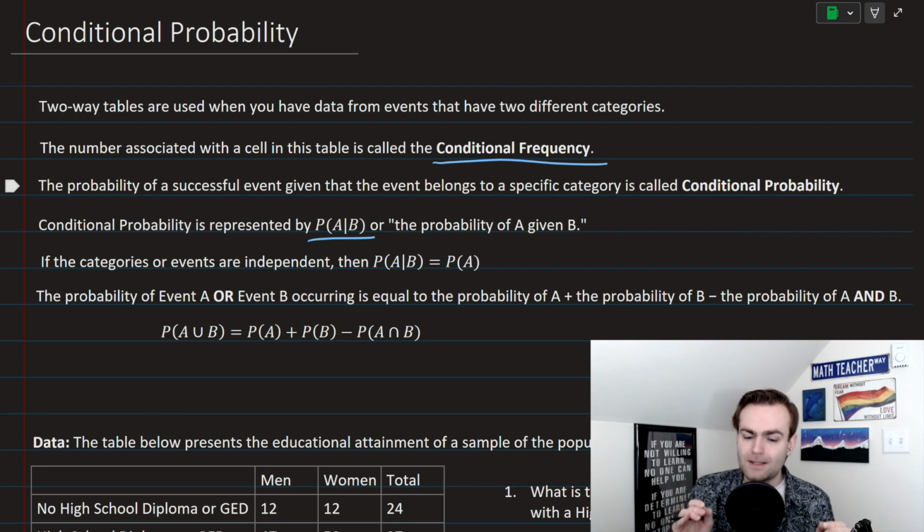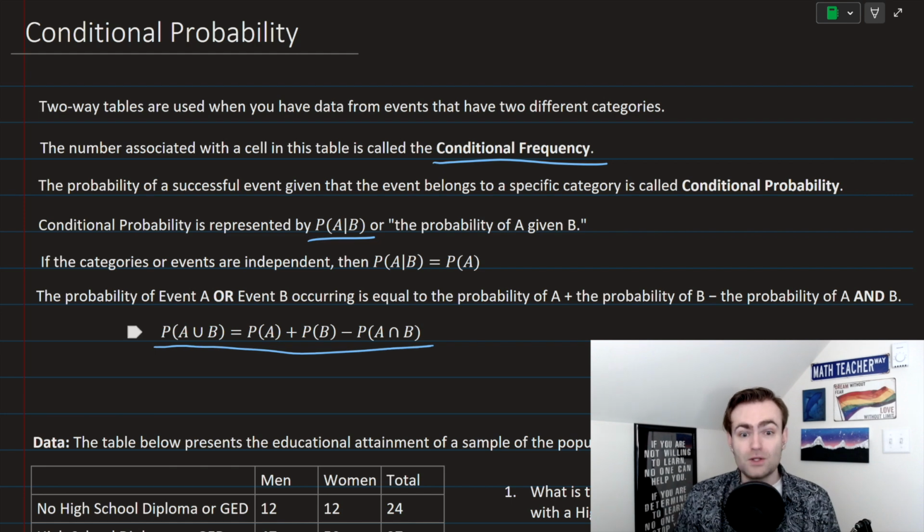Then it becomes a little tricky. How we actually figure that out is we use this formula here, which looks daunting, I know, but it's a formula, which means that each part just means something. This U shape stands for union. For our intents and purposes, this means or. This one, the upside down U, stands for intersection.